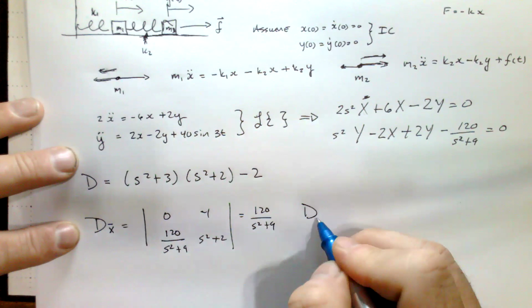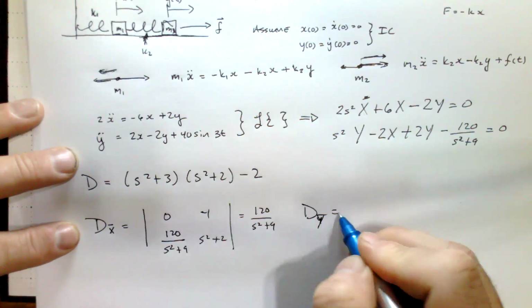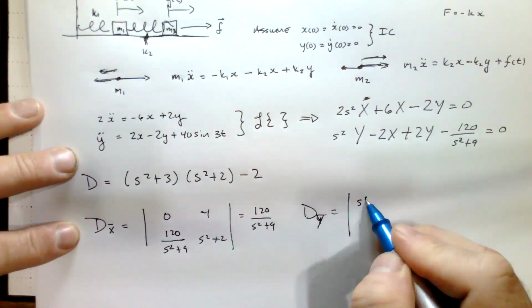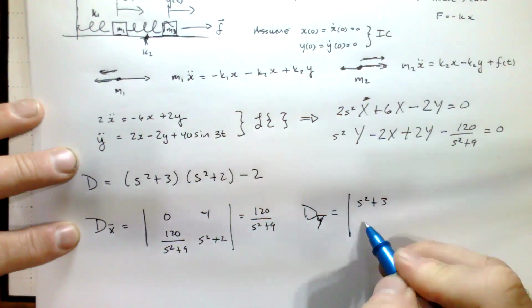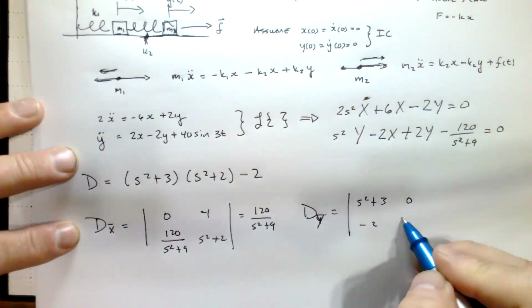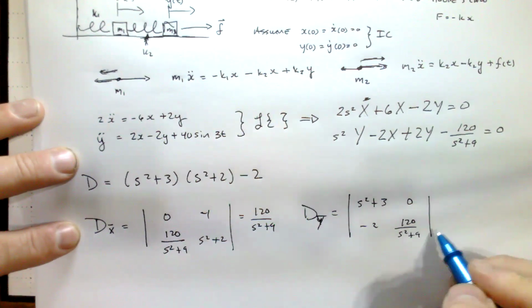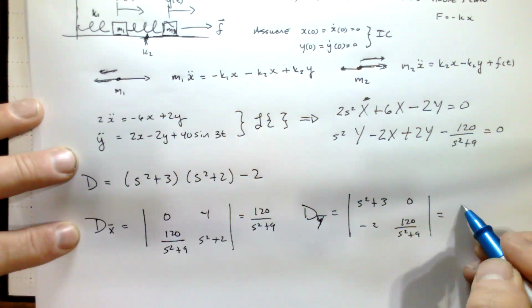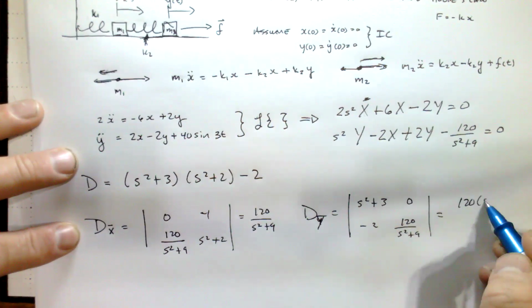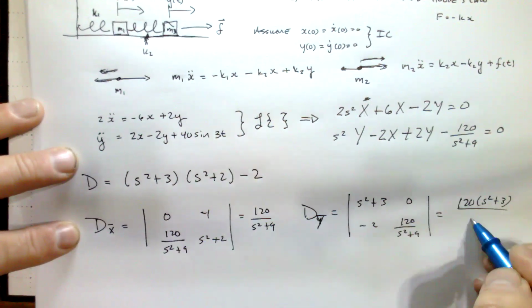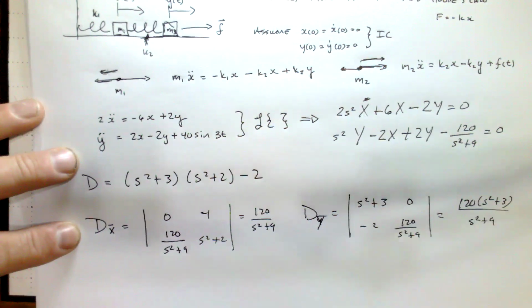And D in the y direction is the determinant with entries s squared plus 3, negative 2, 0, and 120 over s squared plus 9. This determinant gives us 120 times s squared plus 3 over s squared plus 9.